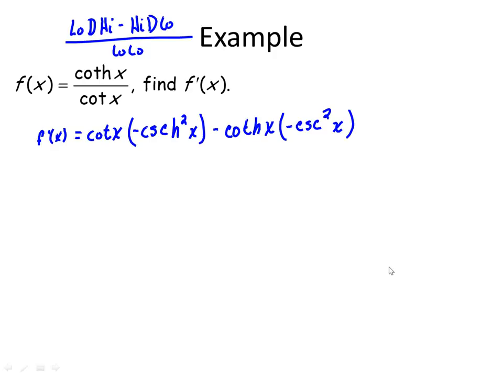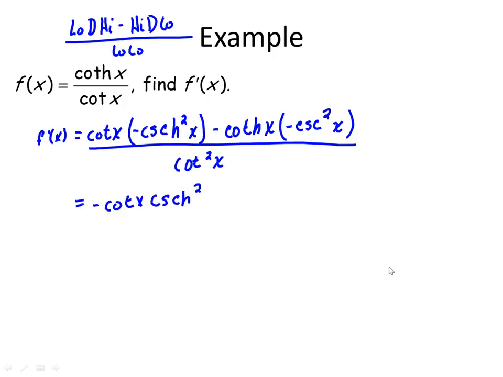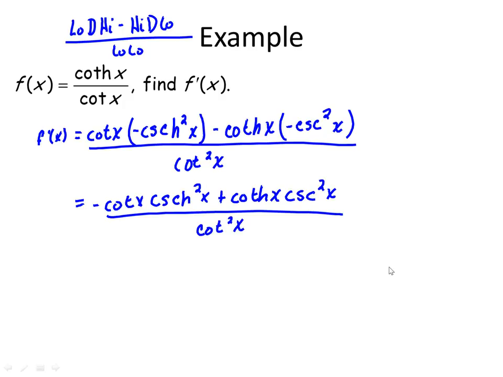So you have low D high minus high D low all over low low, which is going to be cotangent squared x. Now this one, there's a little bit of cleanup, but nothing major. Basically, it's just your signs. And that's all you can do with that one.